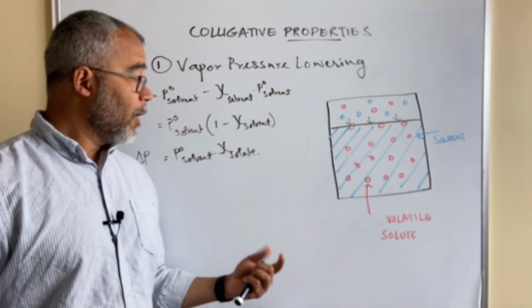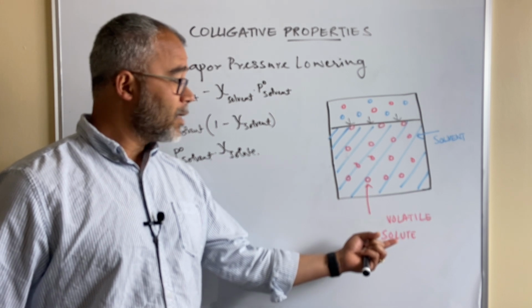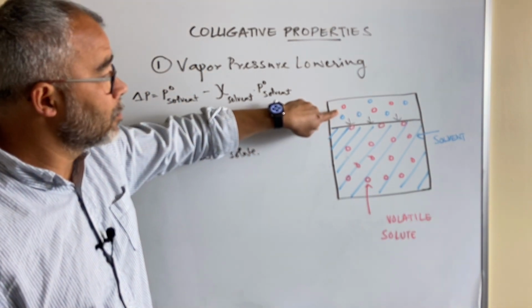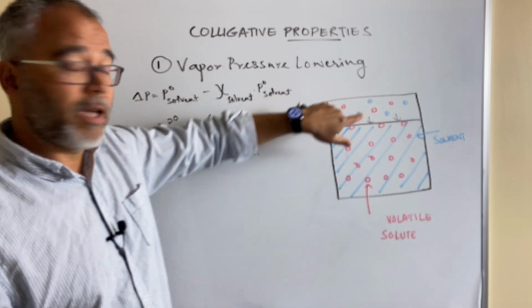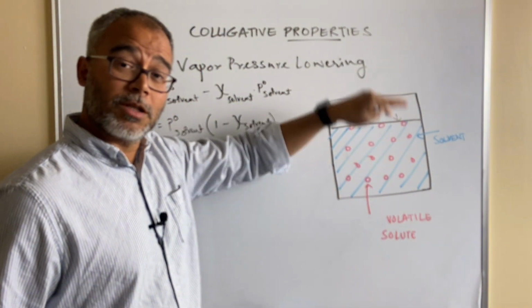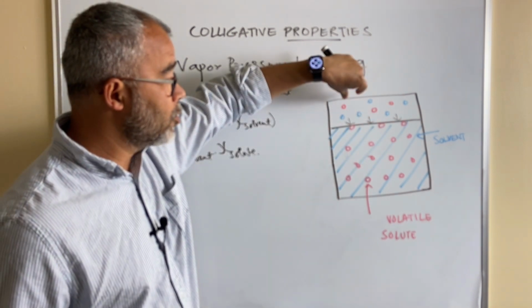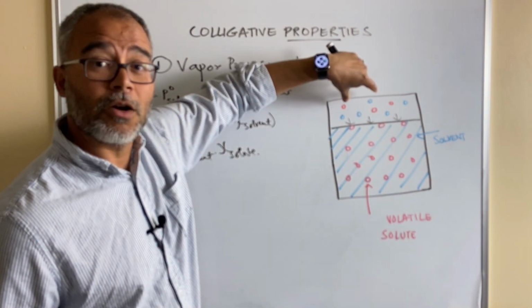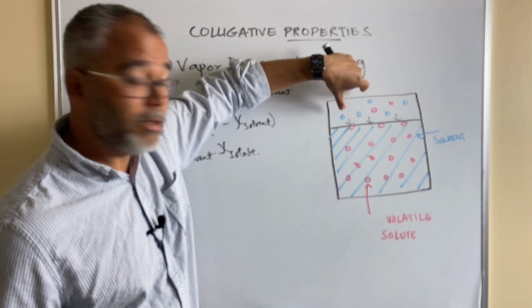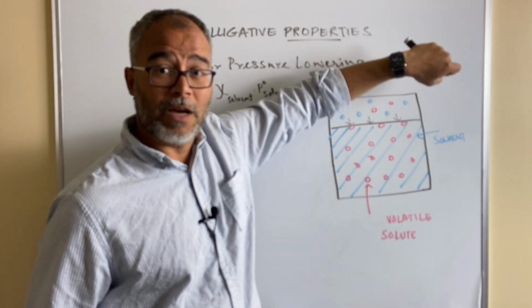So now let's talk about what if our solute was actually a volatile solute. That means that some of those solute molecules would actually be up here in the vapor form, which means the total vapor pressure pushing down on the surface of the liquid is going to have a contribution from the solute vapor molecules as well as the solvent vapor molecules.